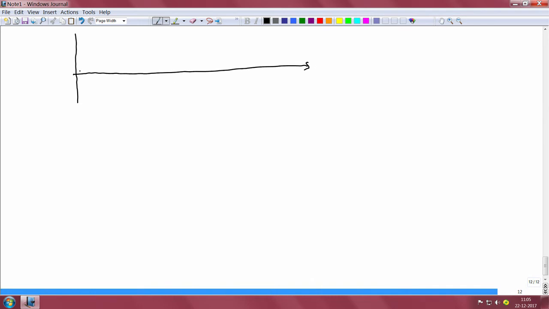Let us say it goes from 0, 1, 2, so on till L minus 1. So, it has L non-zero values, or the duration of the signal is L. Let us say these values are x 0, x 1, x 2, so until x L minus 1.